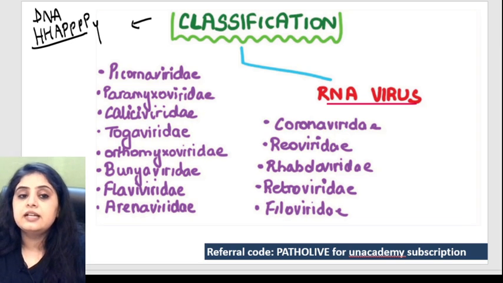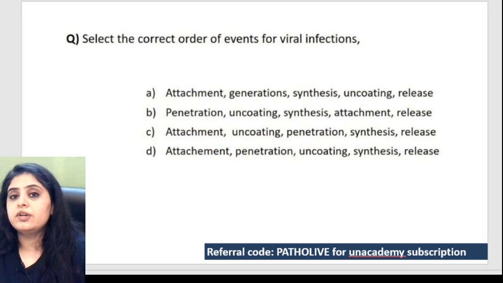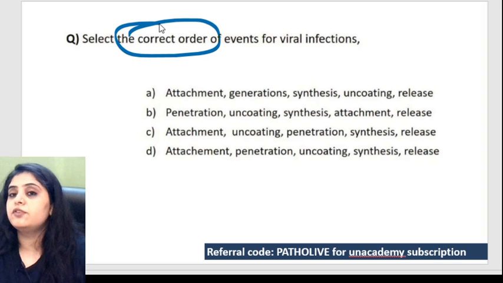Having said that, now let's move on to the next question, which is something very basic, and I just want you to quickly revise it before I end today's class. You have to find out what is the correct order of events for viral infections. So attachment, generation, synthesis, uncoating, or whichever one you feel.